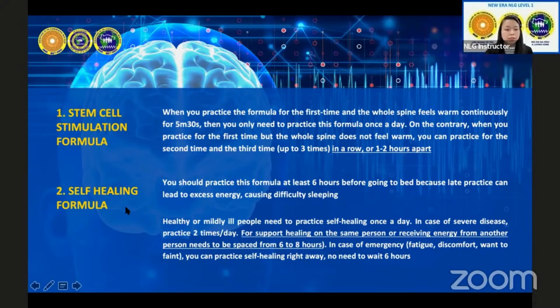And then for the self-healing, you should practice this formula at least 6 hours before bed, because late practice could lead to excess energy and cause difficulty sleeping. Some participants actually reported to us that it's very difficult for them to fall asleep after they do self-healing, because basically their system is full of this excess energy, and so they can't sleep.